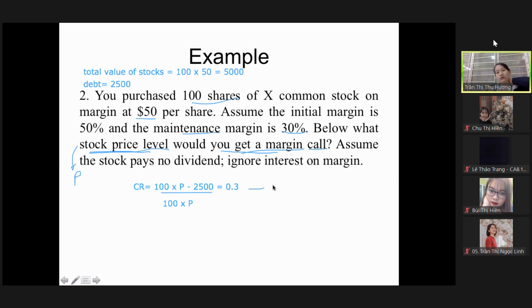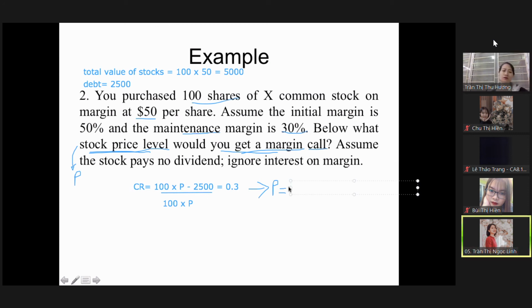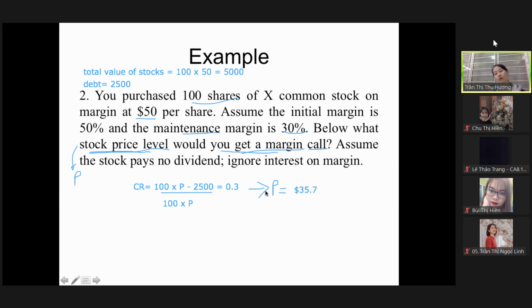B equals 35.7. Right? Yes. Okay, so it means if the price is smaller than $35.7, you will get the margin call. Okay, it's easy, right?